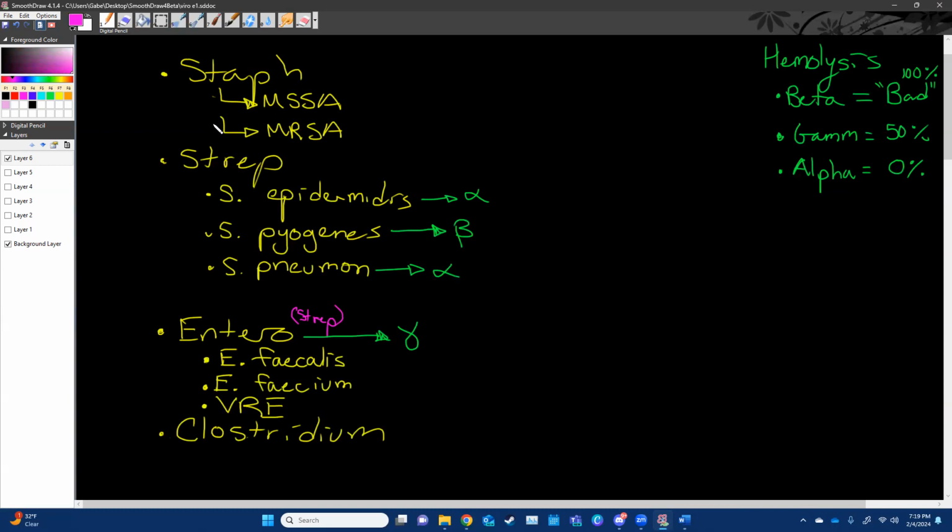All right. Finally, we talked about the different kinds. So which ones are our cocci? Staph, strep, enterococcus. And then what does that mean Clostridium is?